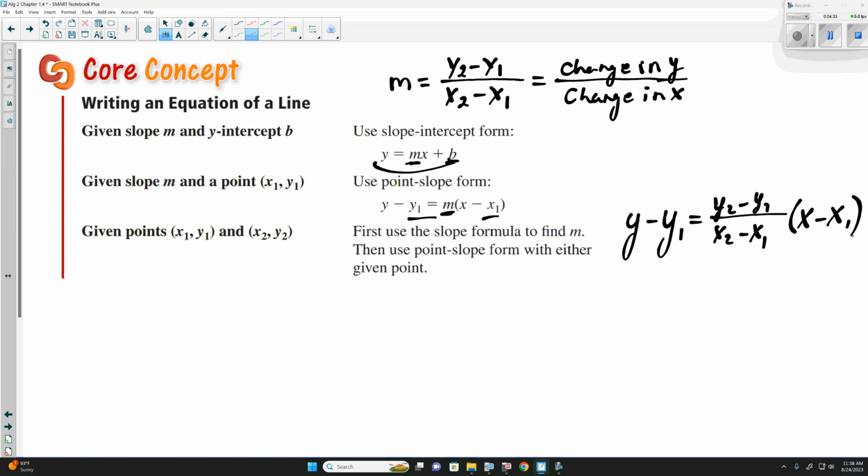I wouldn't use two-point form because that is a lot to try to plug in and figure out. You're better off, instead of using this form, just finding out the value of slope and using point-slope. Because that's all it was, just plugging in the formula for slope into the whole equation. Now, if we are given 2 points, really what we just need to do is find the slope, use point-slope form, and go from there.